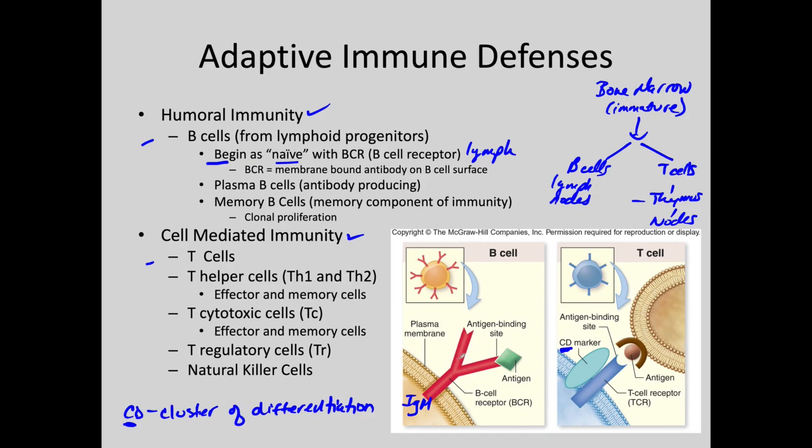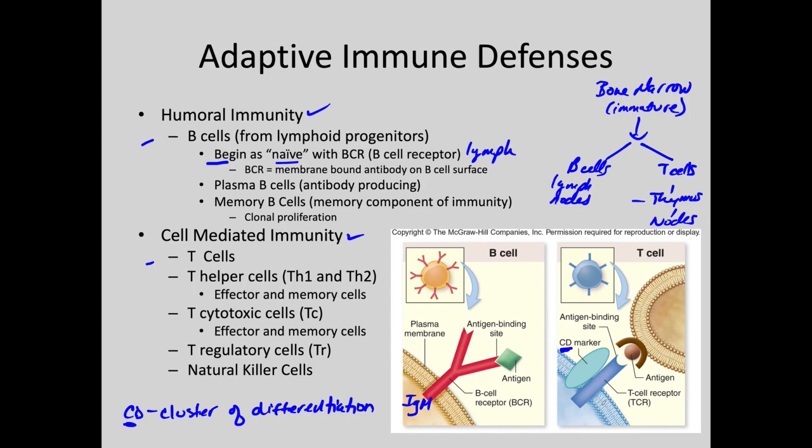All antibodies are specific. So by the time the B cell gets to the lymph node, it has yet to be activated, produce any antibodies to really do anything. It's just in a naive state, sitting in the lymph node, waiting for its specific antigen to show up. T cells are also found in the lymph nodes, also in a naive state.